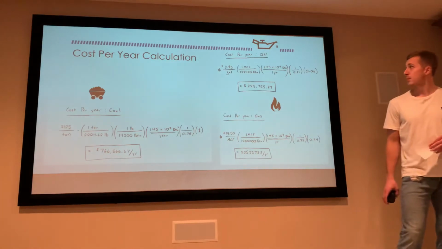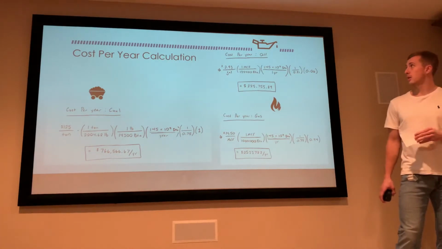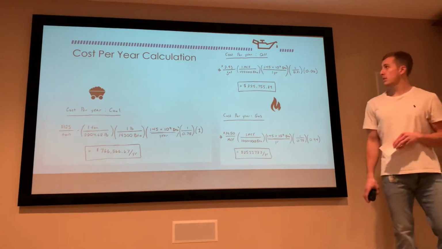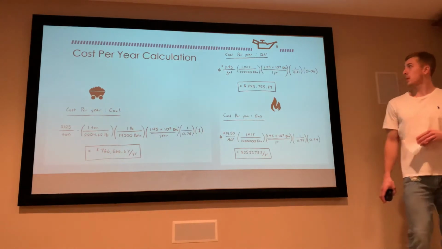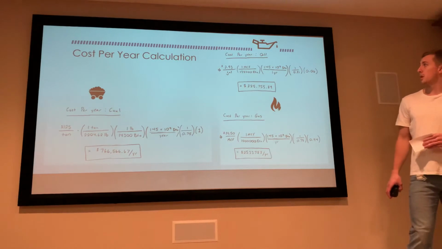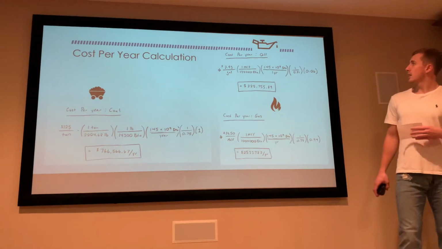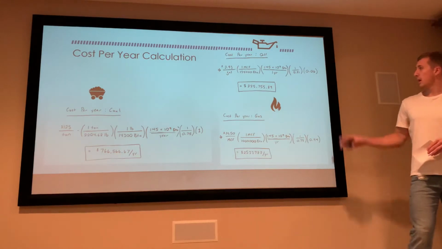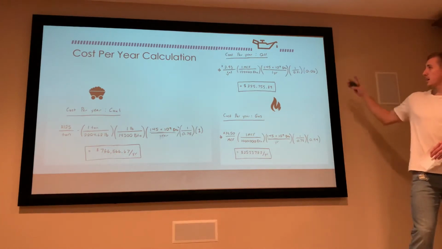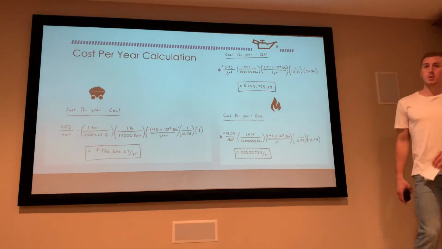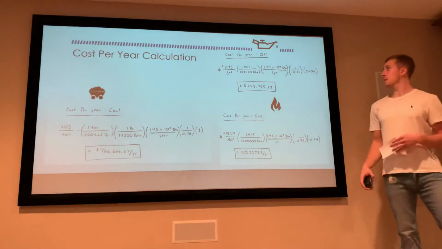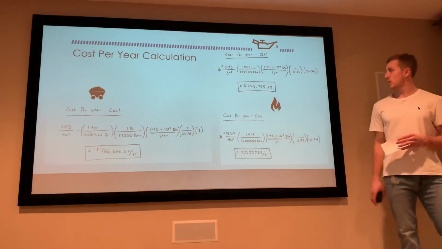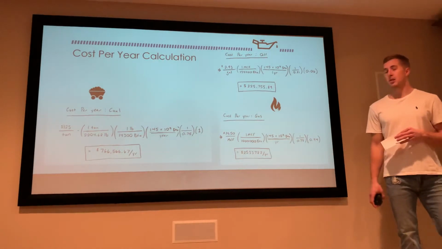And we get a value of $766,000 per year. Now we go to the cost per year of oil, and we get that oil is $2.93 per gallon. We convert that into BTUs, and then multiply that by the required amount of steam and by the efficiency. This operation was given as only running 6% of the time, so we multiply it by 0.06, and we get $225,000 per year.